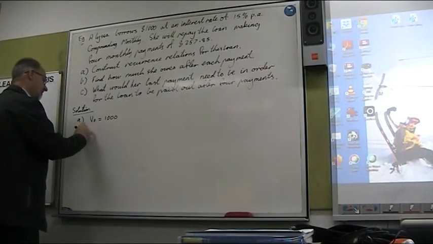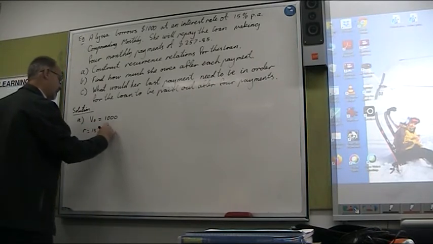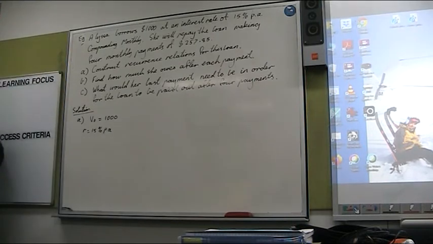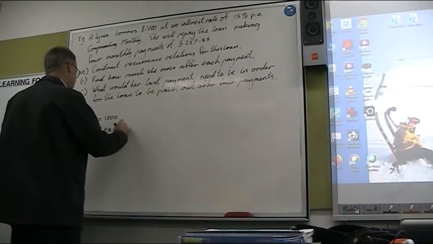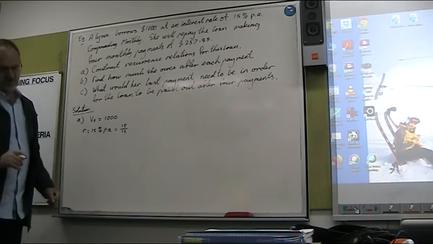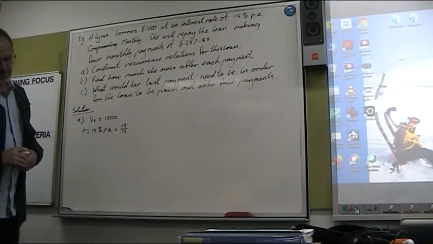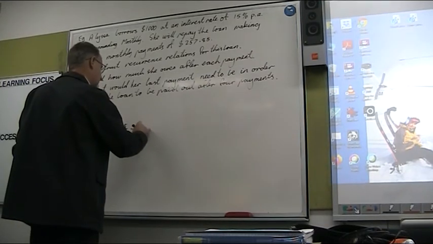So little r is 15% per annum. But our payments are made how often? Monthly. So what we need to do is take that 15 and divide it by 12. And because I've prepared one earlier, that's 1.25% per month.